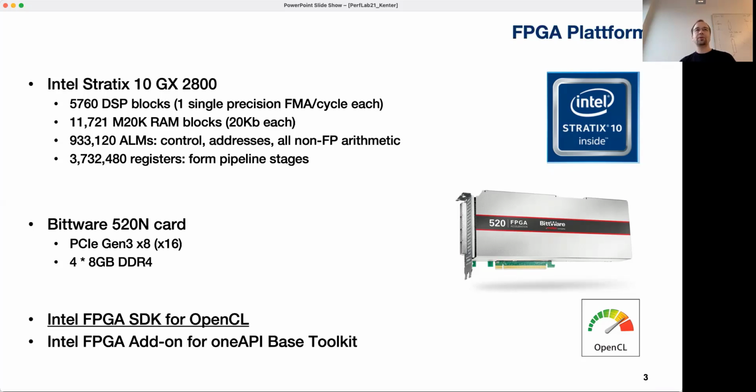Each of those blocks can perform a single fused multiply-add operation in each cycle in single precision floating point. Double precision is also possible, but we need at least two DSPs plus additional logic resources.